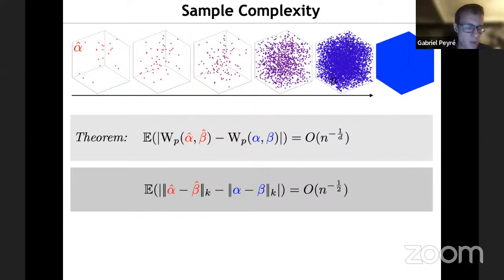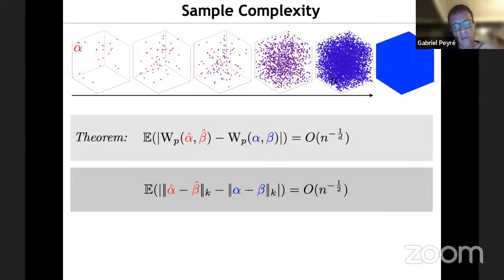It's a little bit more complicated than this, but the take-home message is that Euclidean norms don't suffer from the curse of dimensionality, in the same way that Monte Carlo methods don't. It might still not be usable in high dimension because in the big O you usually get huge constants. But in terms of convergence with n, you get a rate of 1 over square root of n, which is the classical rate for Monte Carlo methods.